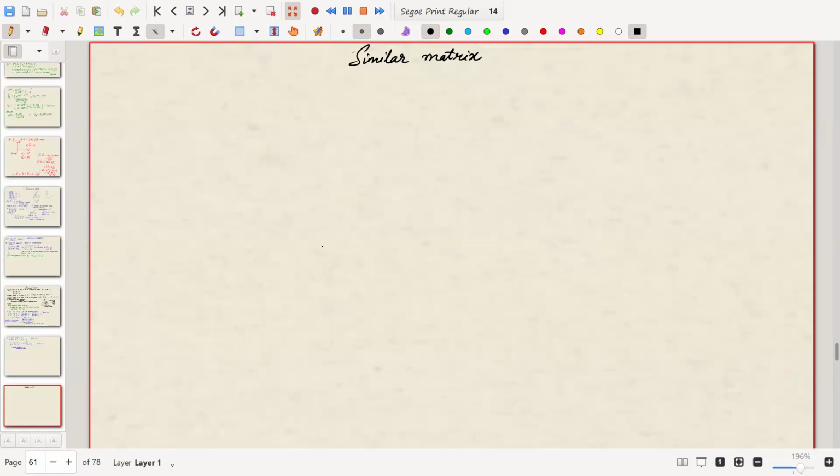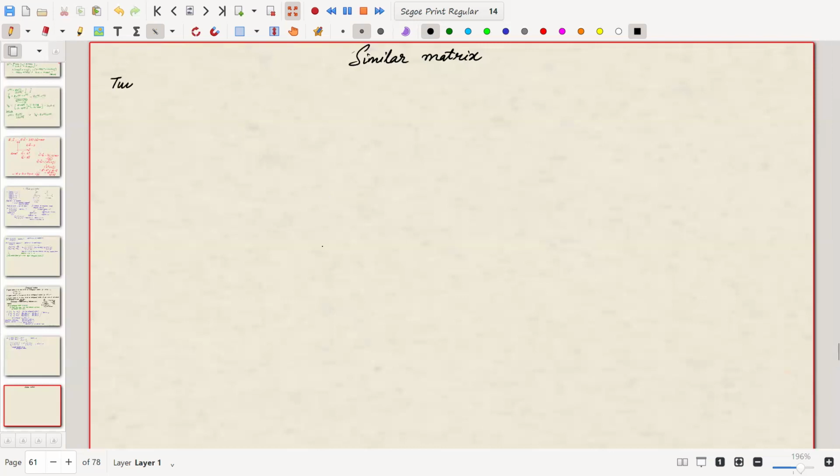If you want to compare two quantities, they should be of the same trait. Like Mr. Aman and Mr. Aditya are boys. So for matrices, that means they should be square matrices.